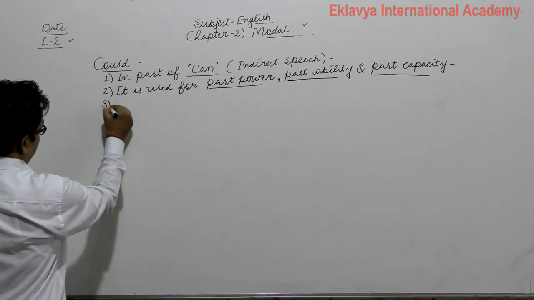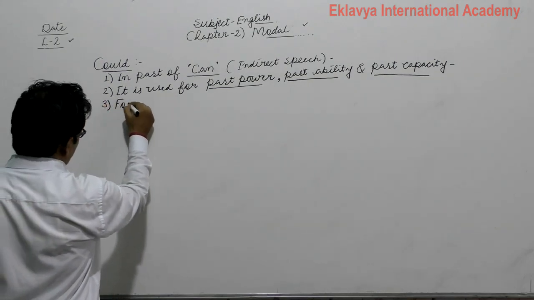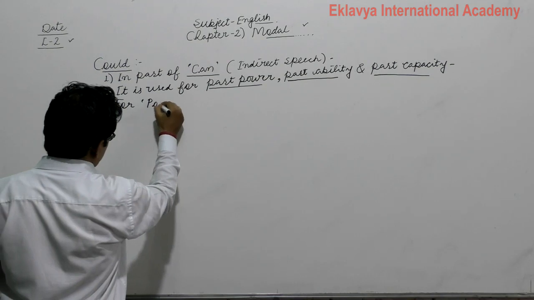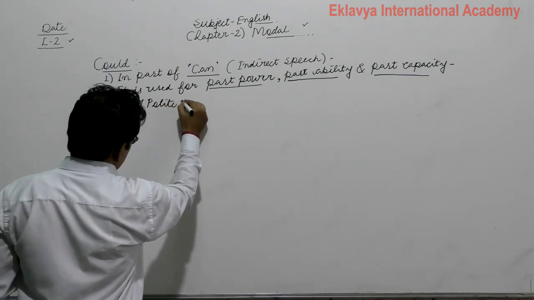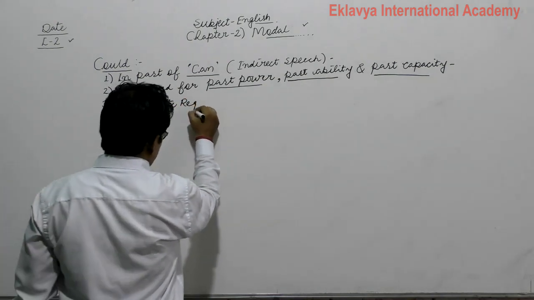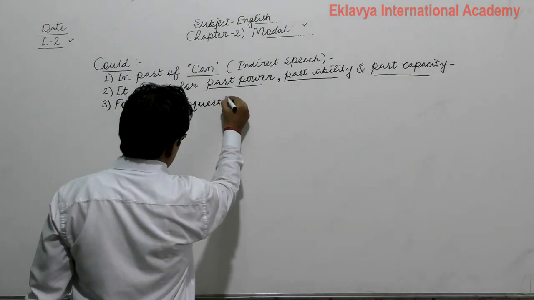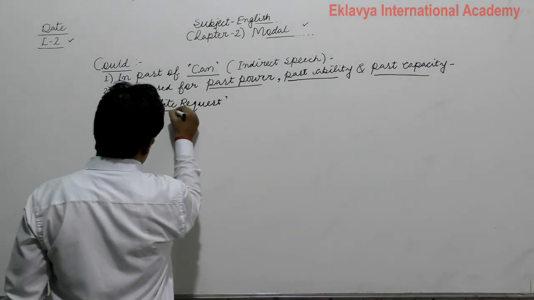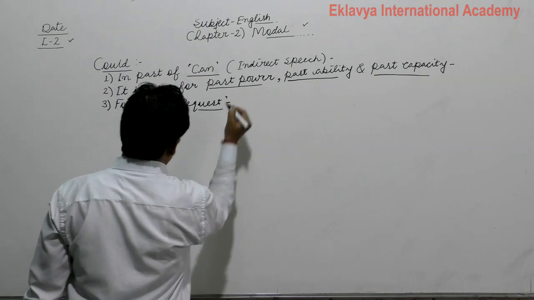Point number 3 is for polite request. It is used for polite request. It is used for polite request also.